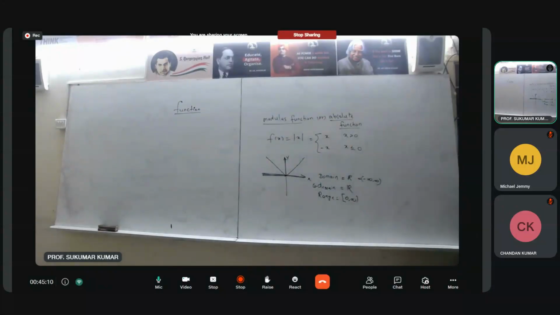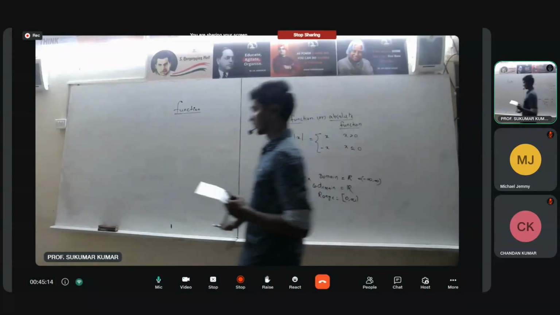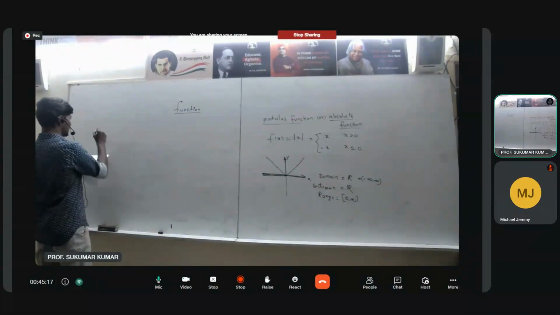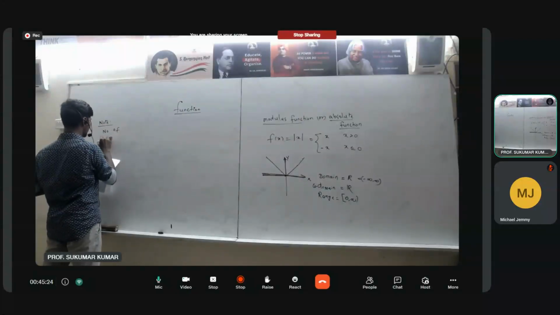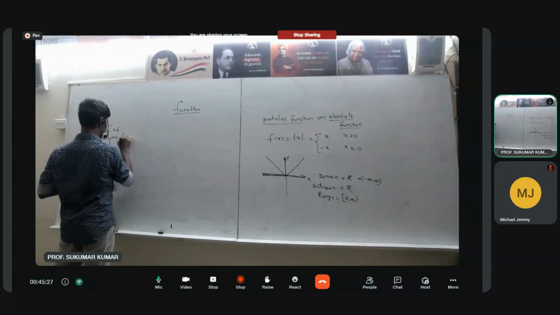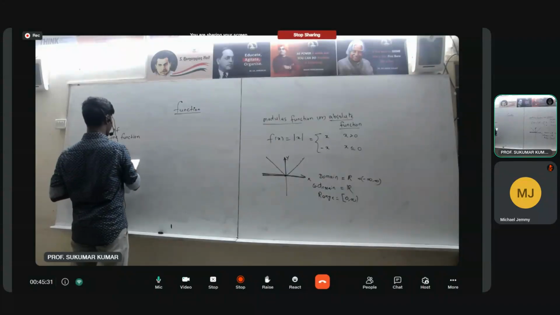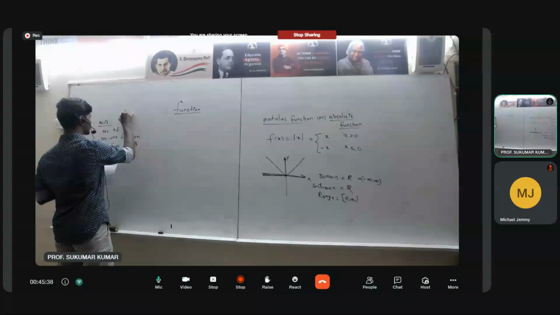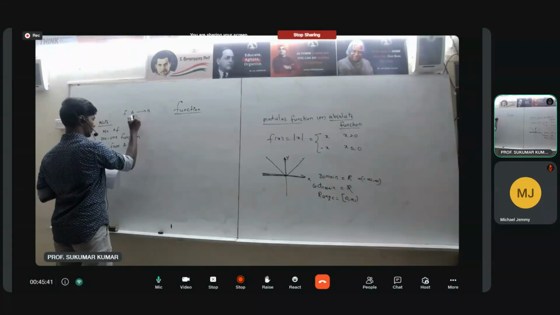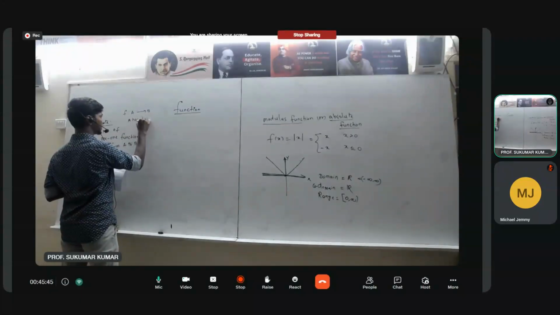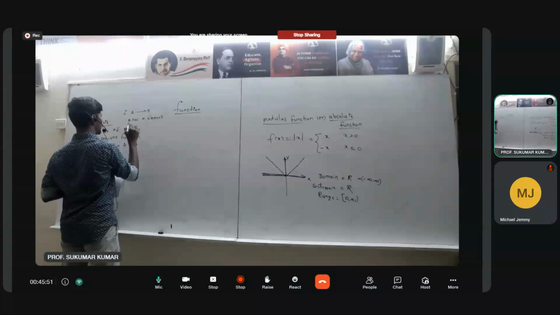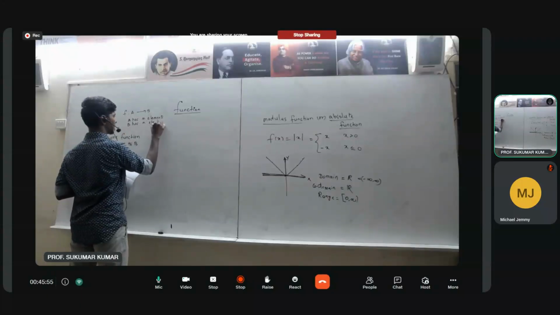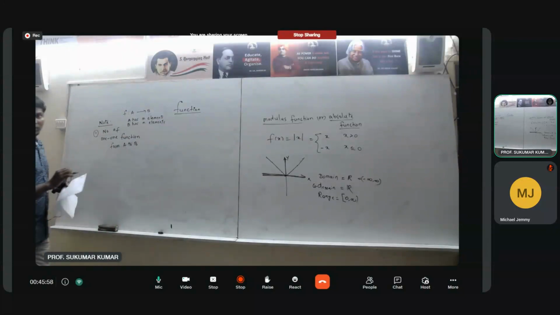Now a formula, like a note or inference, if you want: the number of one-one functions from A to B, where A has m elements and B has n elements.